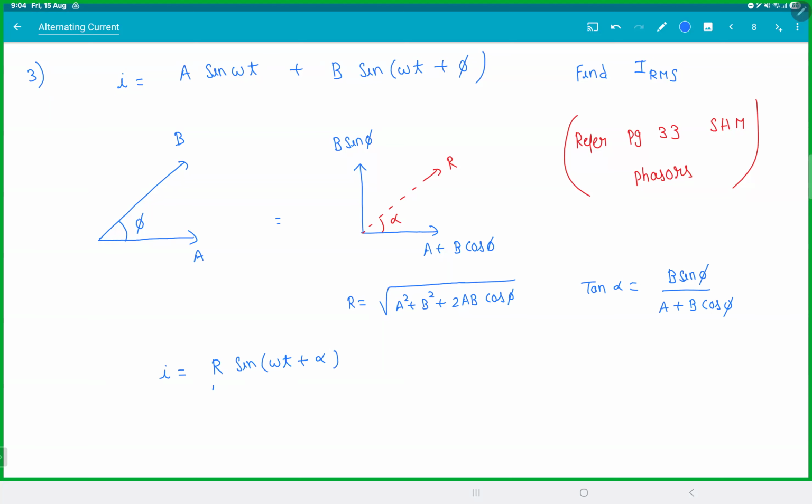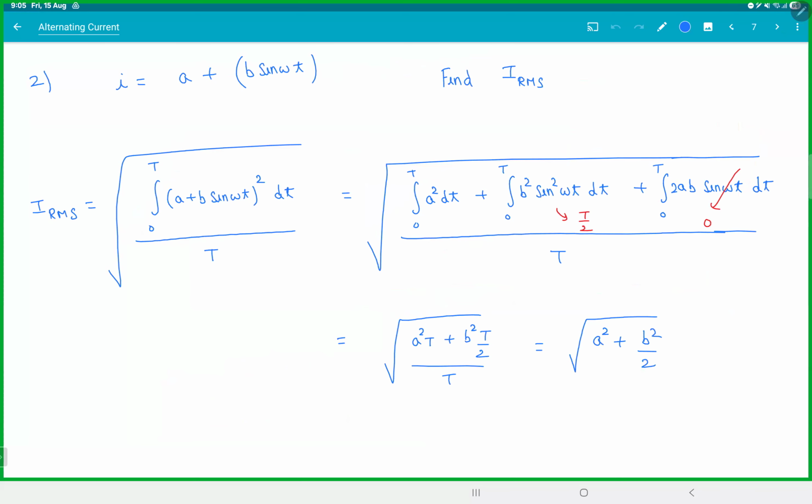But remember, this is your peak value. Therefore, IRMS will be R by root 2. Check. I can ask you the same question in terms of amplitude in SHM. So if I give you sine functions, this is what you do. Remember, the previous one was a constant plus a sine function.